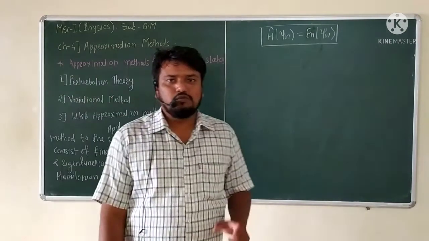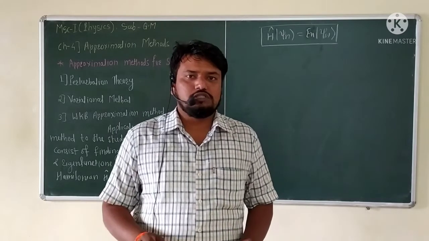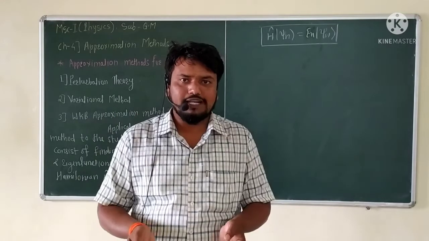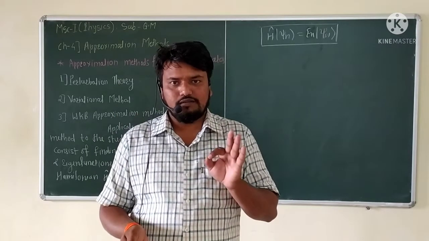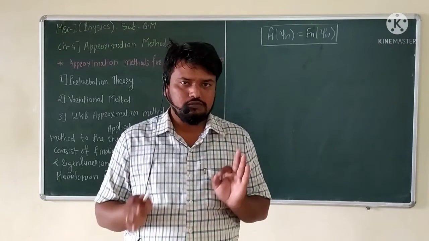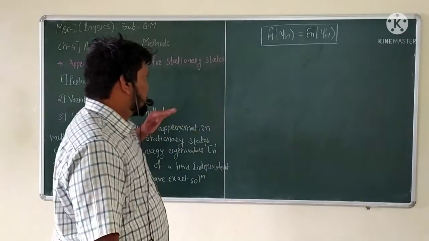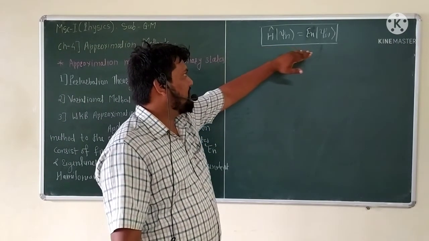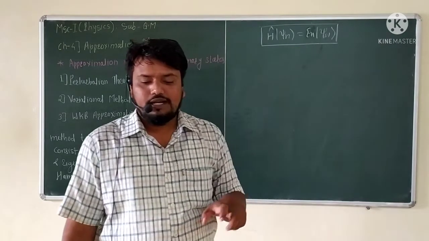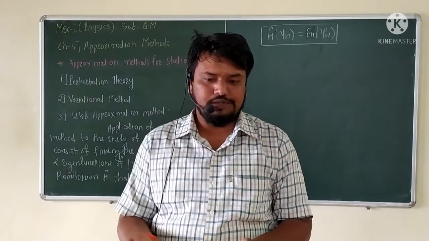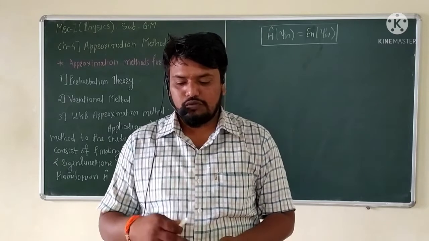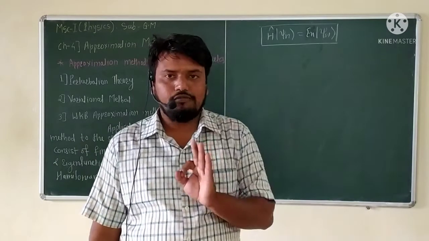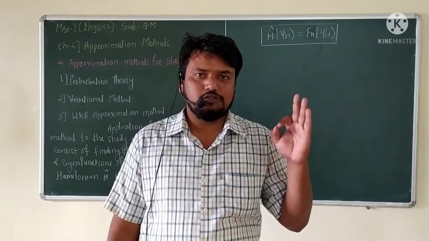These three methods are used only to find the energy eigenvalue of a particular eigenfunction, H psi n equal to En psi n. Depending on the structure of H, we can use any of the three approximation methods to find the energy.